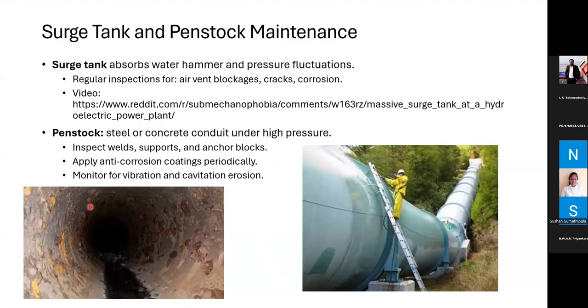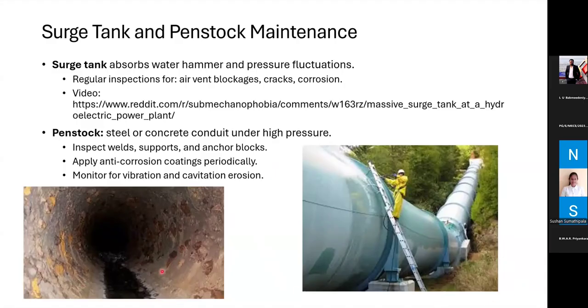So you can see a corroded penstock over here. You have to do maybe sandblasting within the penstock itself, and do painting inside the pipe.